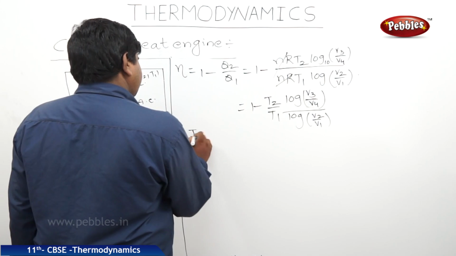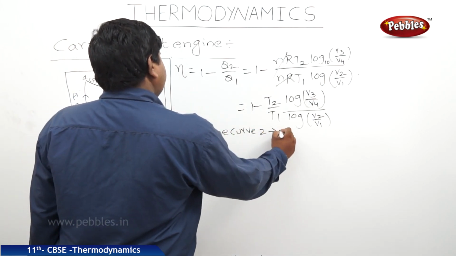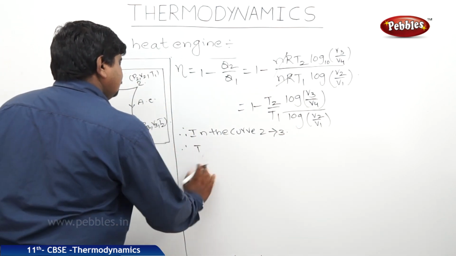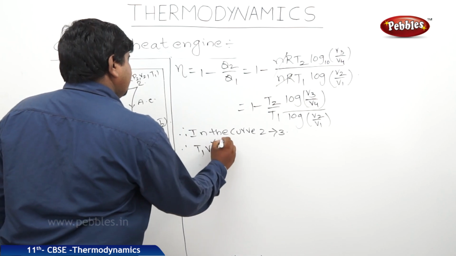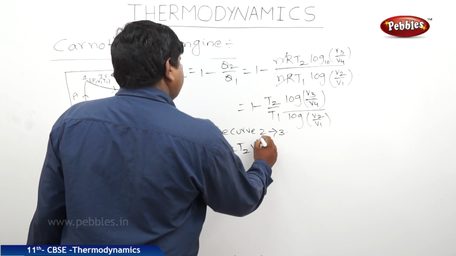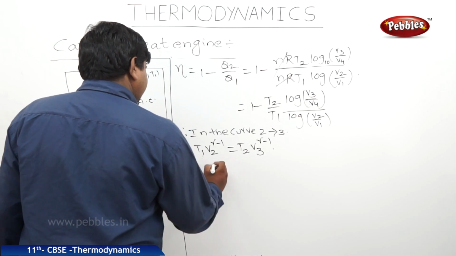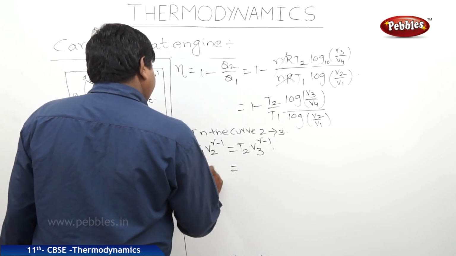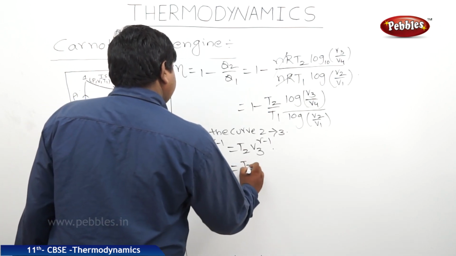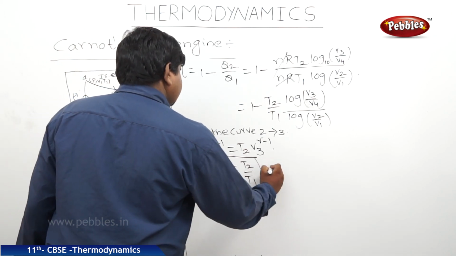Therefore, in the curve 2 to 3, we can write T1 V2 power gamma minus 1 is equal to T2 V3 power gamma minus 1. Therefore, from this we can write (V2 by V3) whole power gamma minus 1 is equal to T2 by T1. Let us say this is equation A.